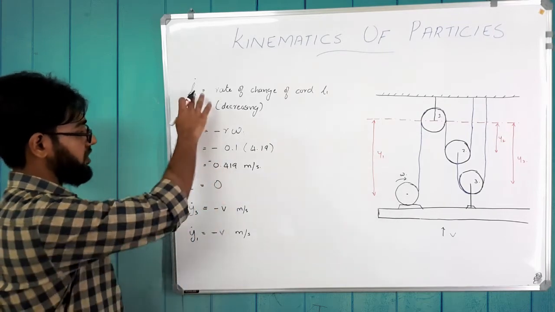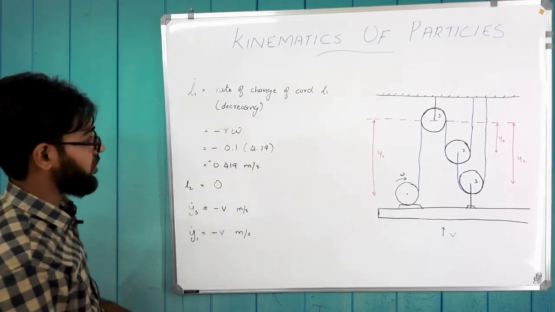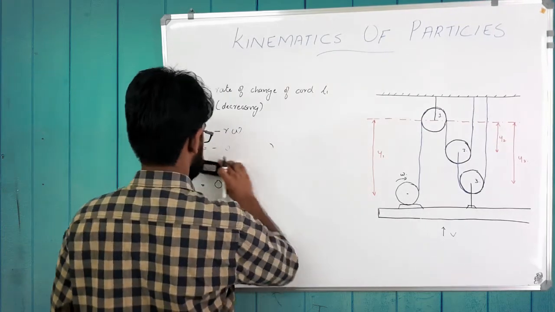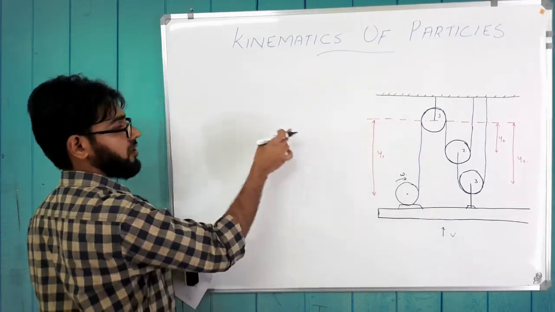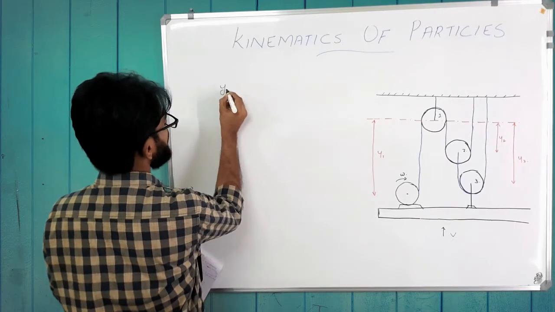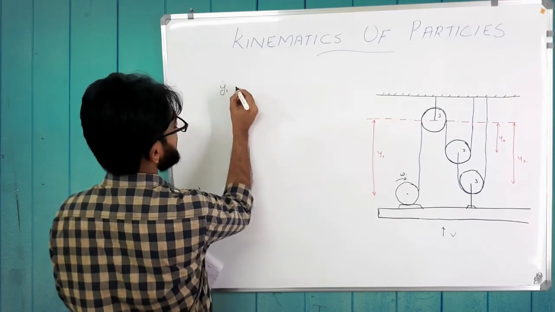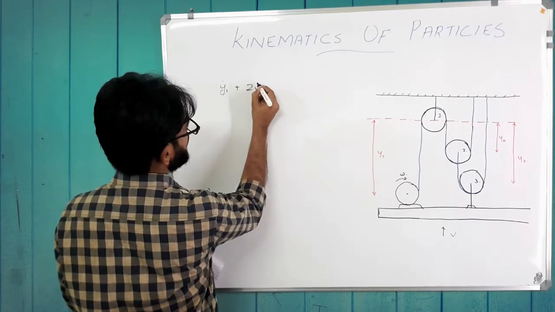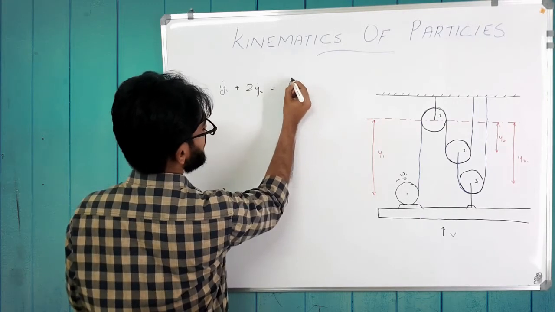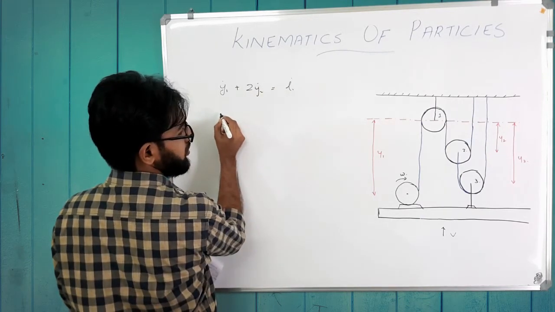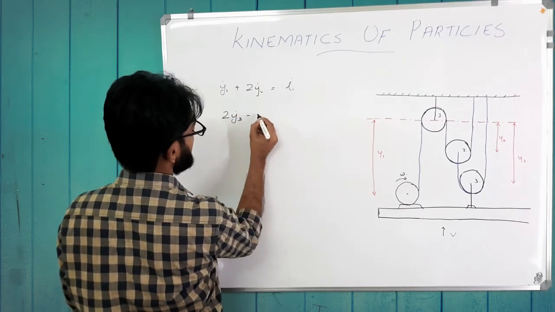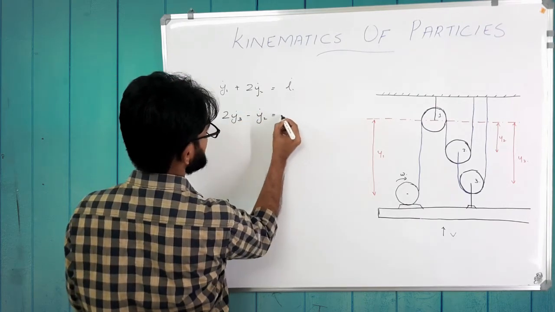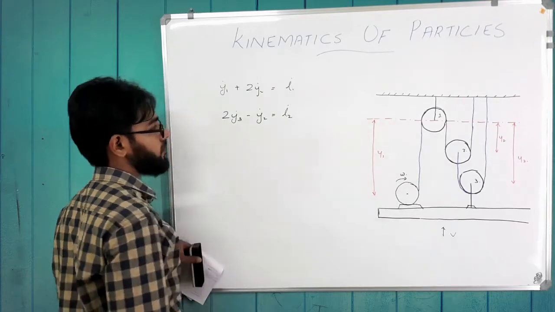Now, substituting these values in the equation, I write the two equations which we have derived: y1 dot plus 2y2 dot is equal to L1 dot, and 2y3 dot minus y2 dot is equal to L2 dot.